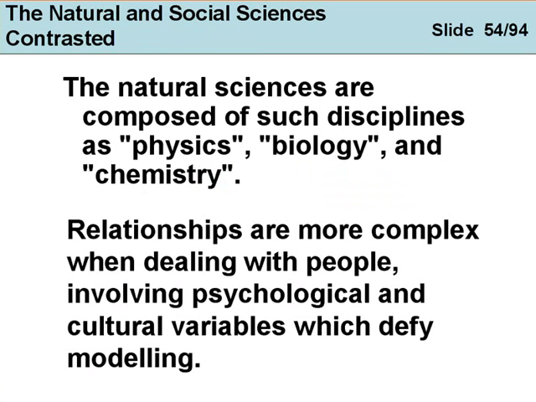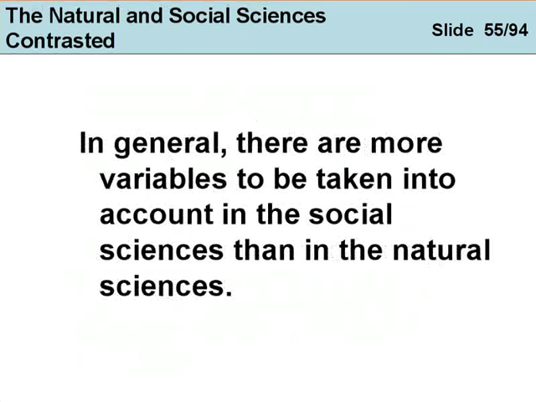We're dealing with people. And people have peculiar psychological and cultural backgrounds that make them all different. And we have too many variables to account for. And the variables are changing rapidly because of different forces in society. So in the social sciences, we have very complex relationships. In general, there are more variables to be taken into account in the social sciences than in the natural sciences.